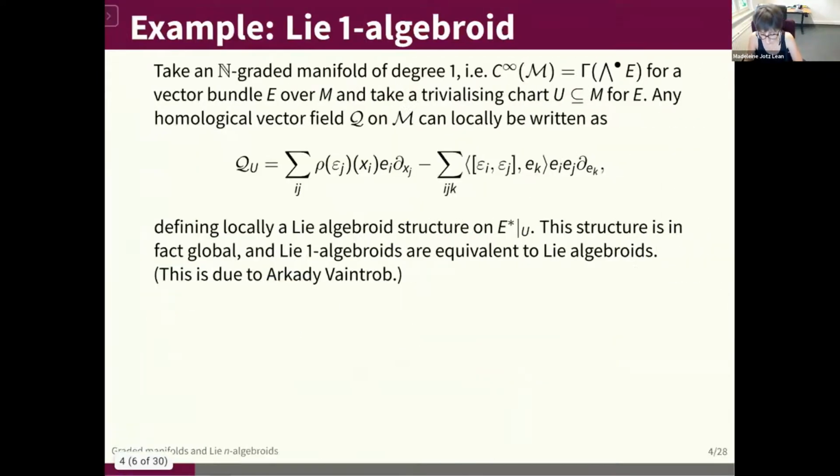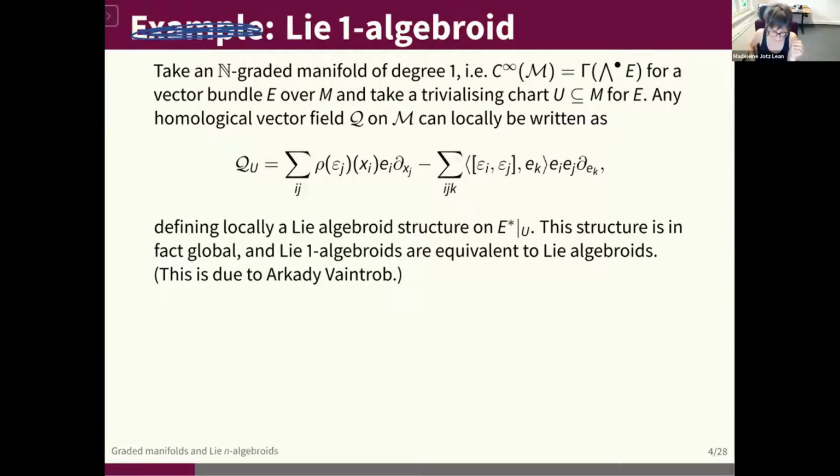Conversely, if you start with a 1-manifold equipped with a homological vector field, you're going to identify your 1-manifold with sections of E star, and then no, I think I mixed up things. It doesn't matter.